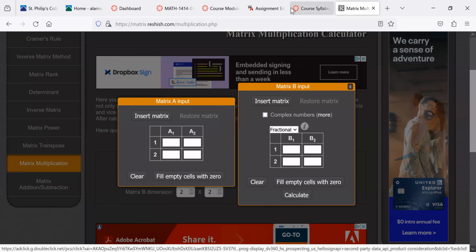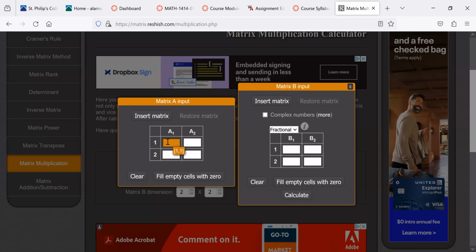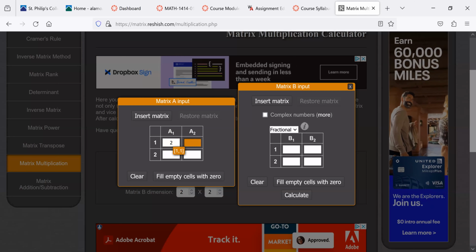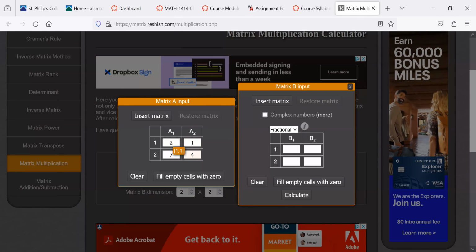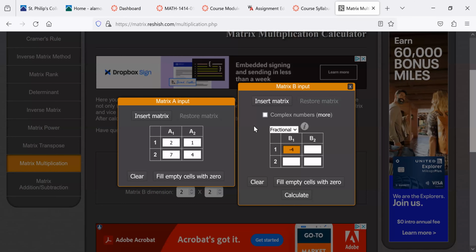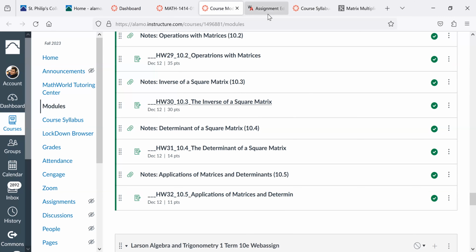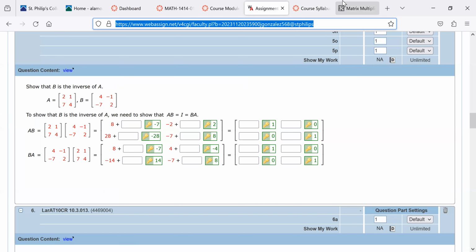First matrix was 2, 1, 7, 4. The other matrix is 4, -1, -7, 2.